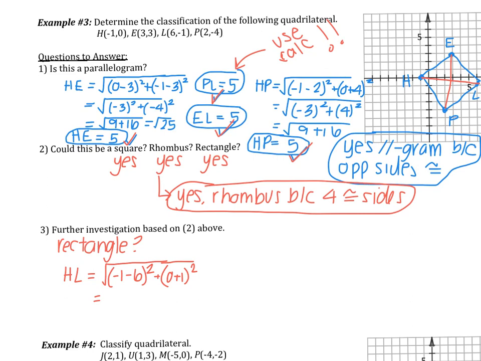That would give me -7 squared plus 1 squared, so 49 plus 1, which is the square root of 50. Please make sure you know how to simplify the square root of 50. Perfect square to come out would be 25. So you have 5 root 2.